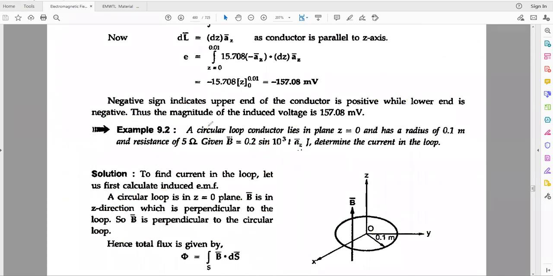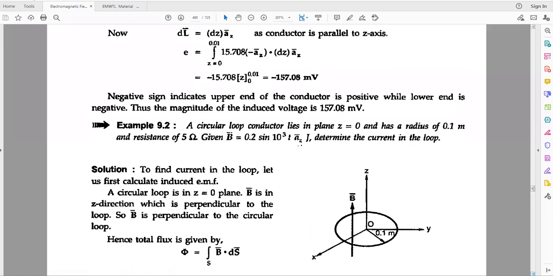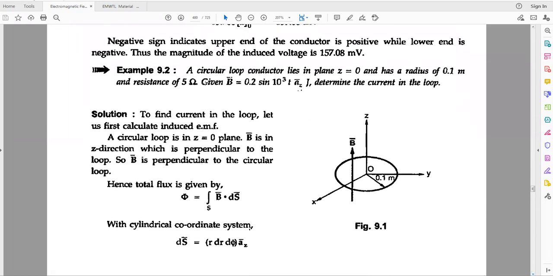Coming to the next example itself: a circular loop lies in the plane Z is equal to 0. It lies in the Z equal to 0 plane and has a radius of 0.1 meters and a resistance of 5 ohms.